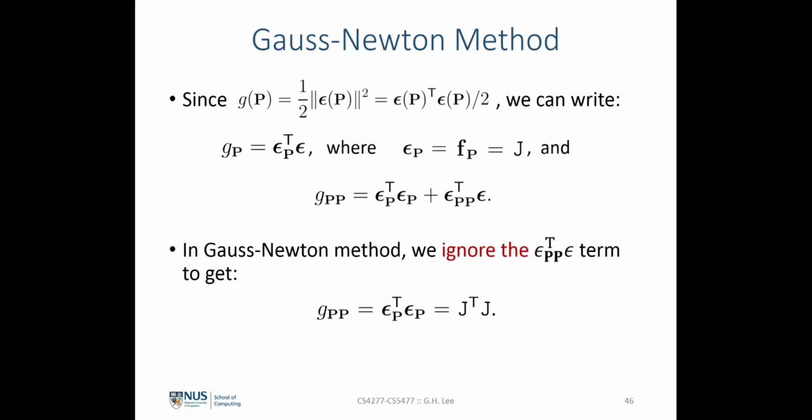So a way to mitigate the computational complexity that arose from the Hessian matrix would be to use the Gauss-Newton method. We have seen earlier on that this function g of p represents the square norm error of the cost function that we now denote as epsilon of p. So to denote that this epsilon over here is actually a function of p.